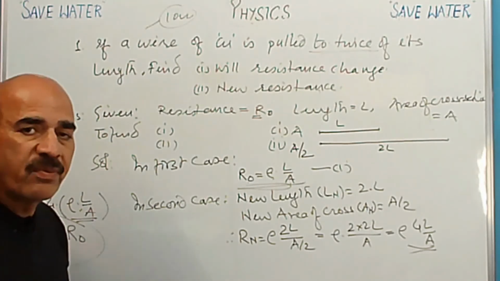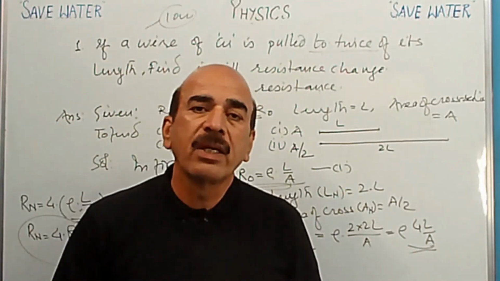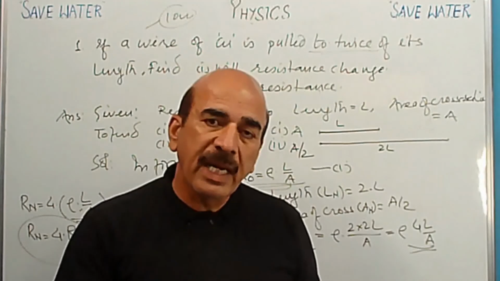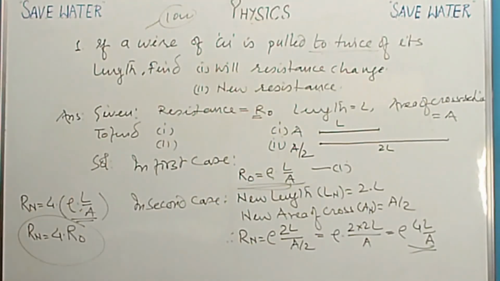From this we get a very important relationship which helps us solve the question very quickly. So I am going to write that relationship down, so note it down first. Okay, done.